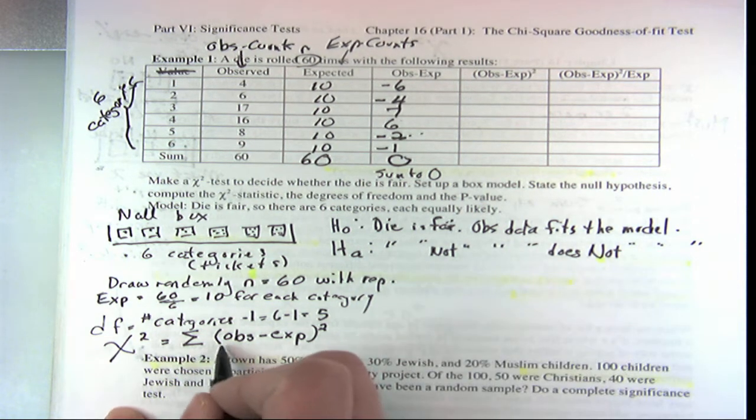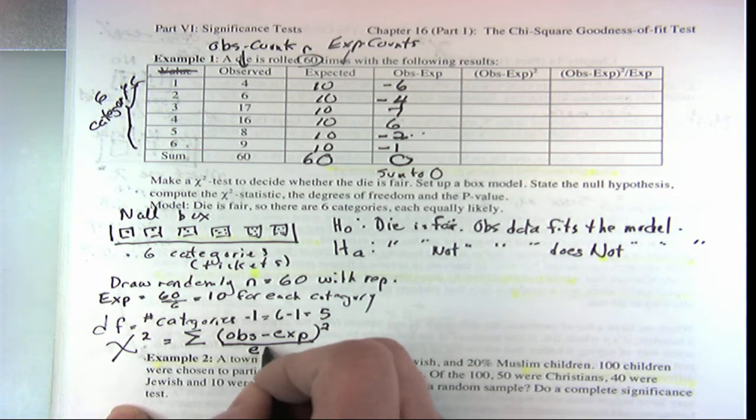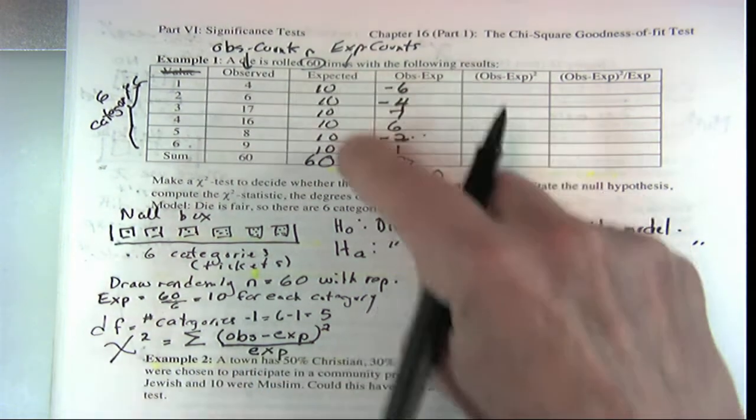But we're going to divide each one by its expected. Because here they're all the same.